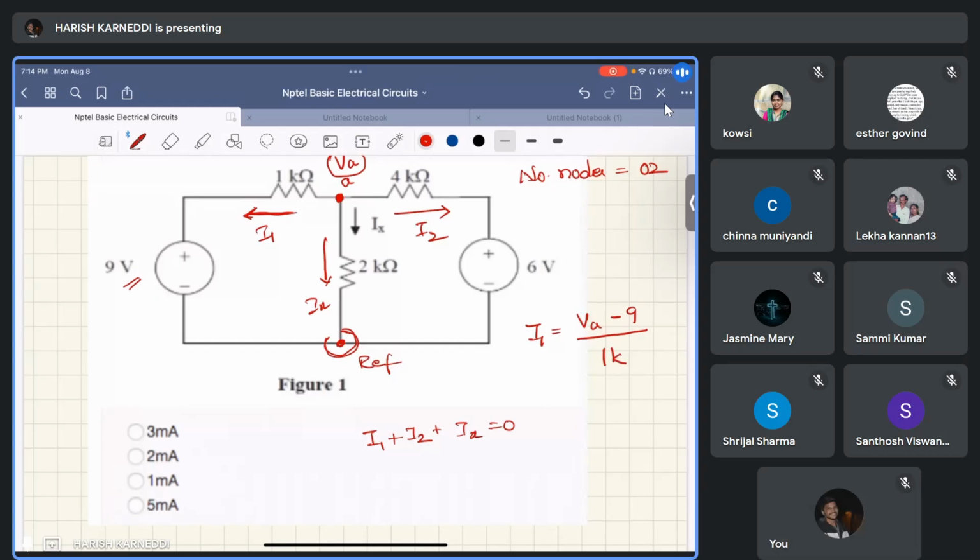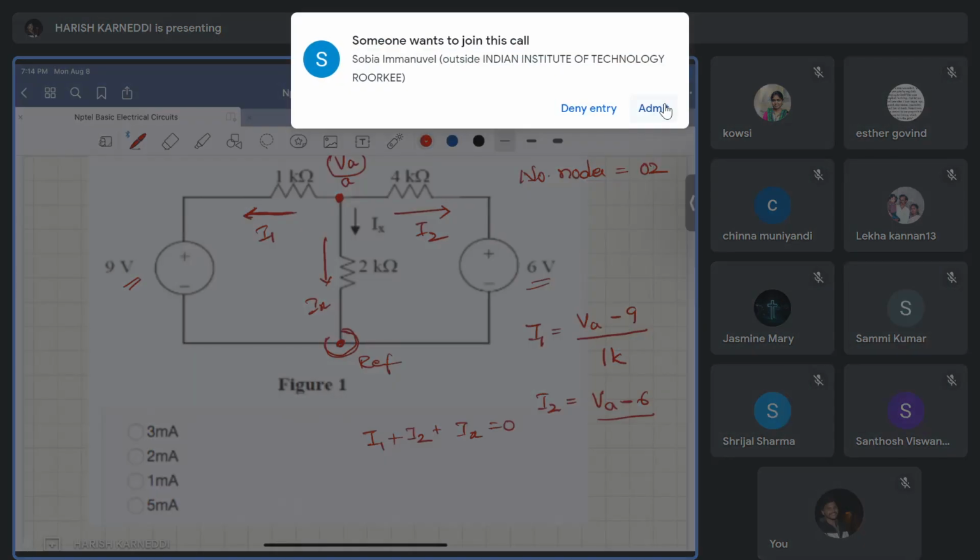I1 equals VA minus 9 volts by 1 kilo ohm. And what is I2? I2 equals similarly VA minus the voltage at this point, which is 6 volts, by the resistance, that is 4 kilo ohm.